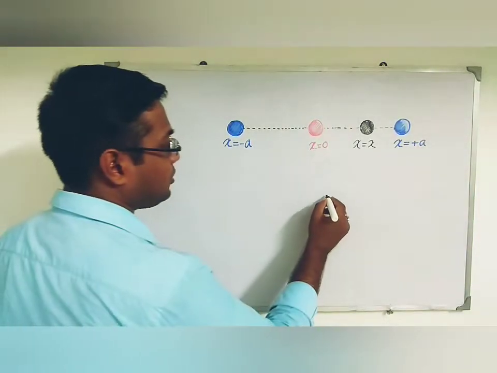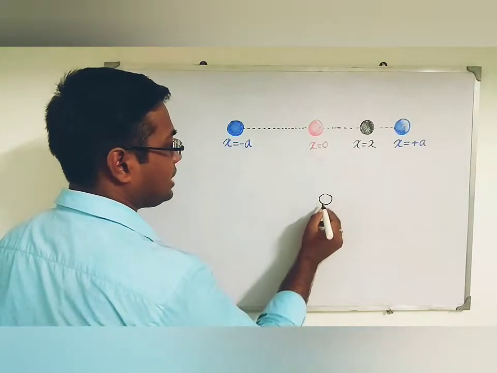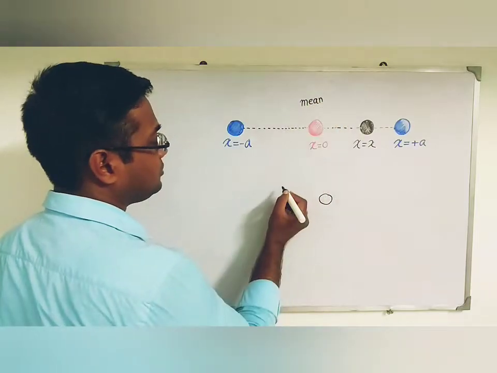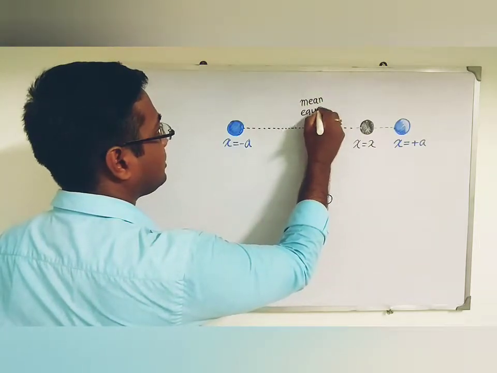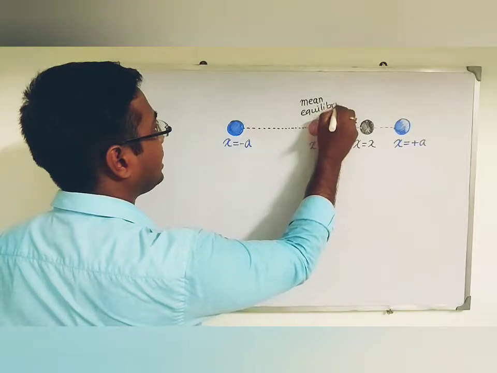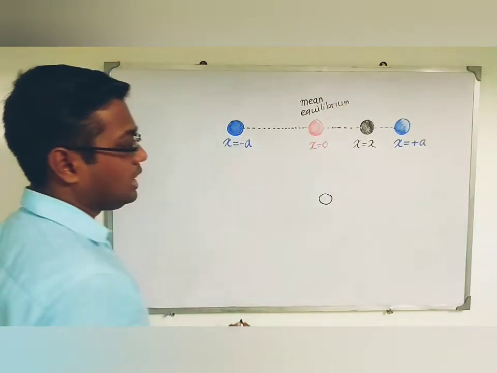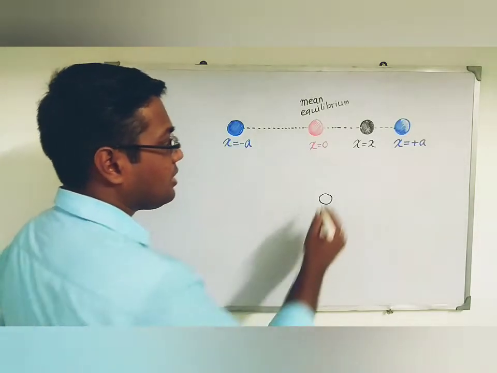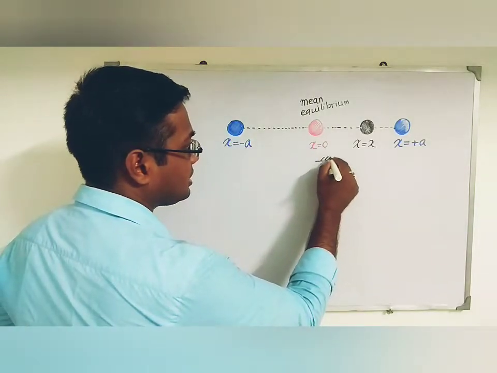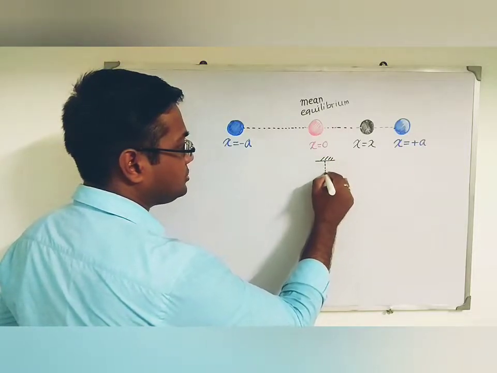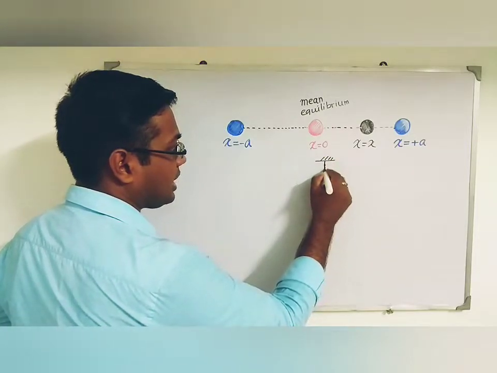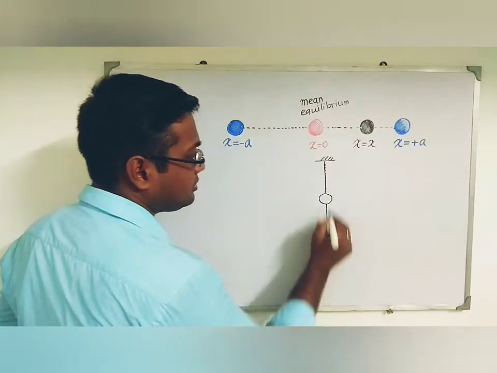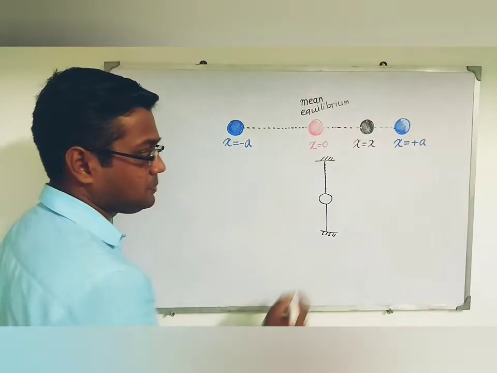Let us consider this body is at x equal to 0, at the mean or equilibrium position. If it is at the equilibrium position, we cannot say that forces are not acting on it. We can consider that when this body is at x equal to 0, it is under the action of two invisible strings.